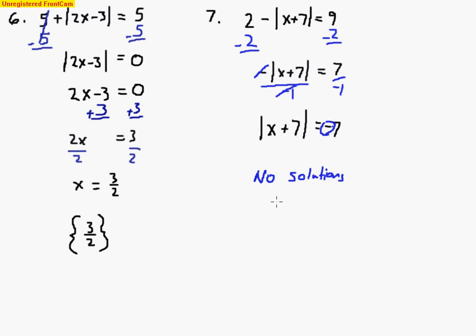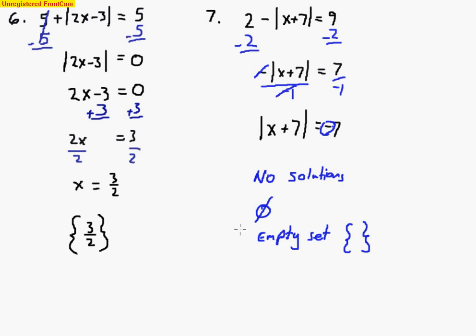We can write the answer a couple different ways. We can use this symbol here, which means no solution, or we can also call it an empty set. An empty set just means there are, again, no solutions. And you can represent that answer with no numbers inside your solution set.